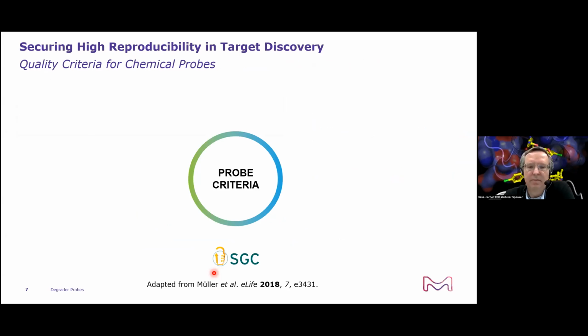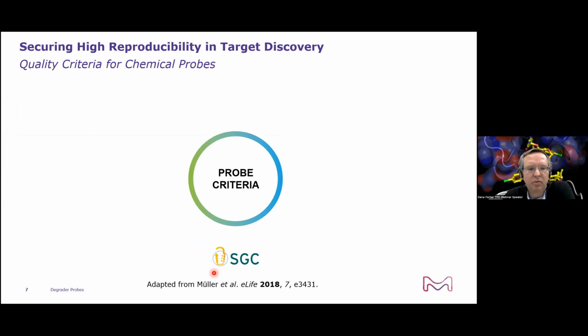There have been very important activities for close to 2 decades now in public-private partnerships to propagate quality criteria for chemical probes. And one of the most important ones has been the Structural Genomics Consortium.